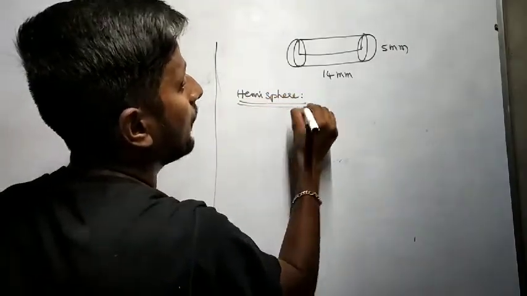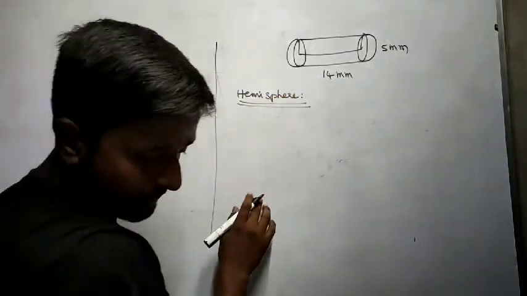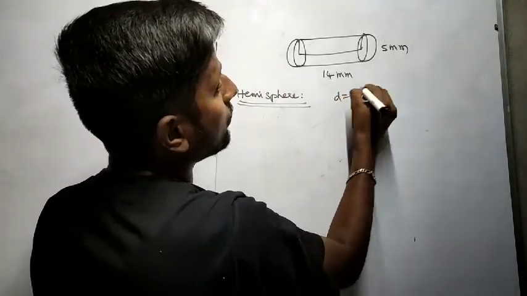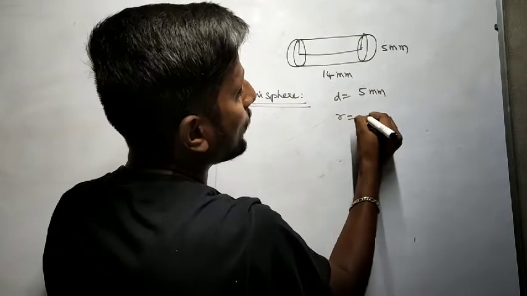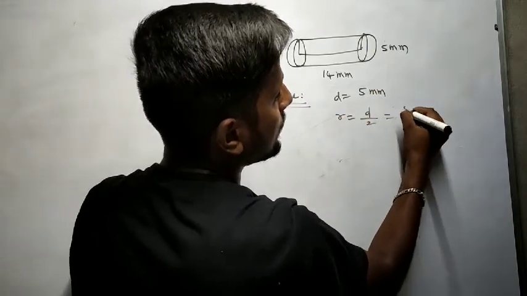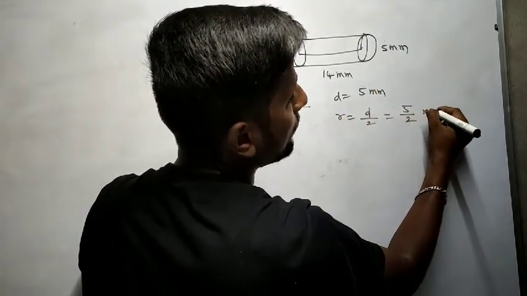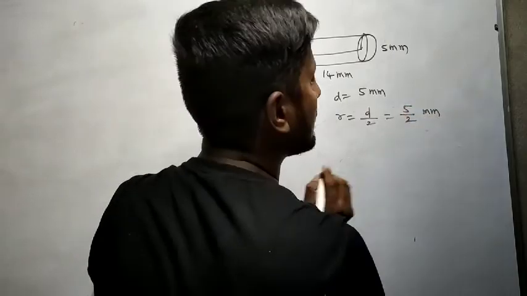So the given values of hemisphere: D value, the total thickness is given, that is 5 mm. So R value I can write as D by 2. So simple, I can write 5 by 2 mm. The simplification we'll see later.